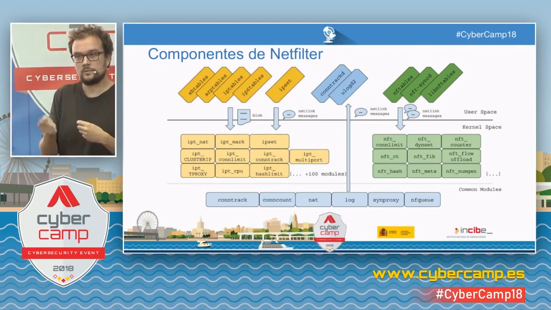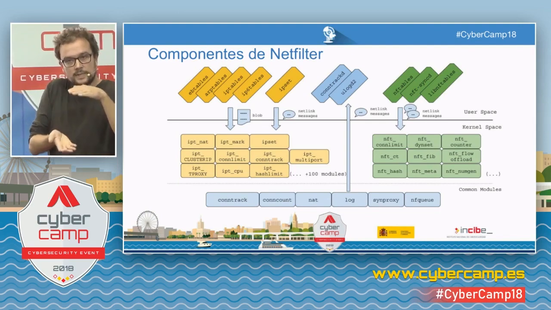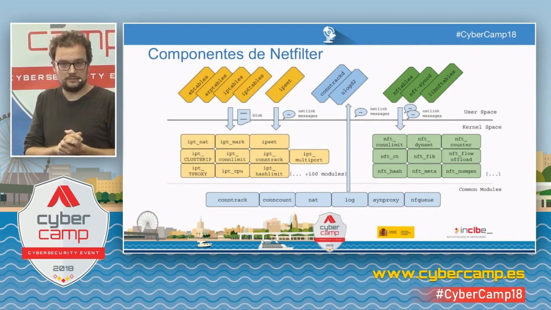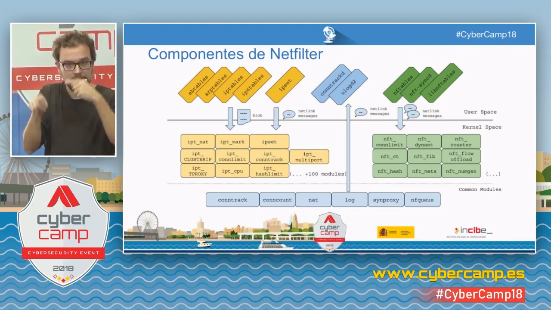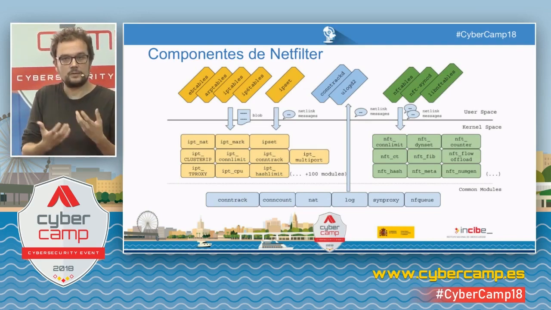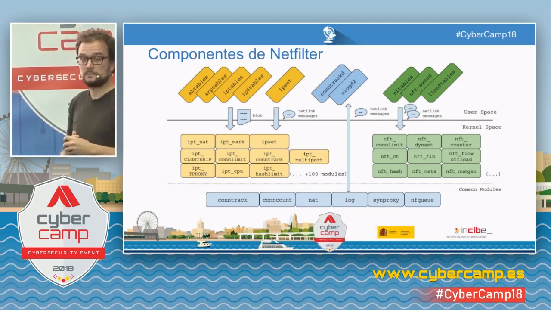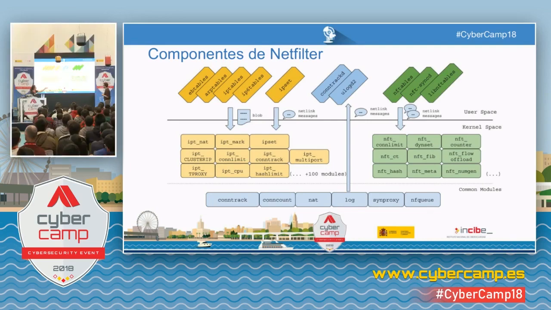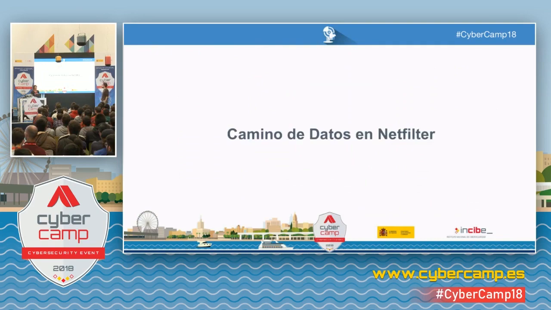On nft, because it's a virtual machine, we have a set of instructions, roughly 30 or 40 instructions, that can be combined so we can express and tell it what to do with the rules. It's much more expressive. So the 100 iptables modules might end up as, what, 20? Yeah, a much smaller number of instructions.